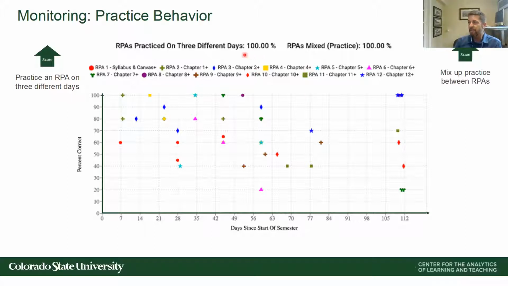One other thing that I like to point out is that we generate 2 scores for them, and they're at the top. One is this spaced practice score, and I can talk about the algorithm details. It's really a simple algorithm, but I could talk about those later if you were interested. And then this is a mixing score, whether they went back and forth between the different topics, basically.